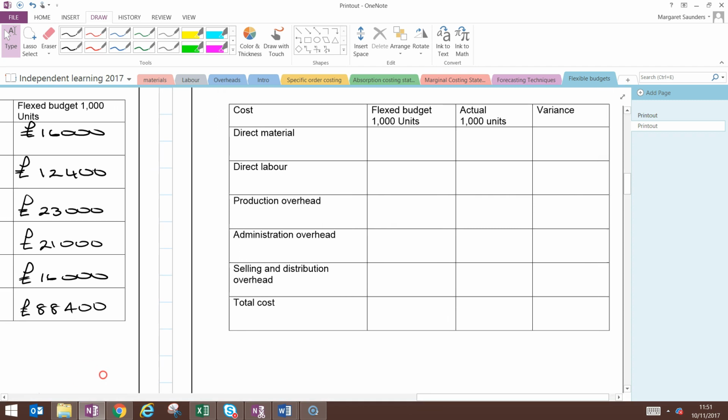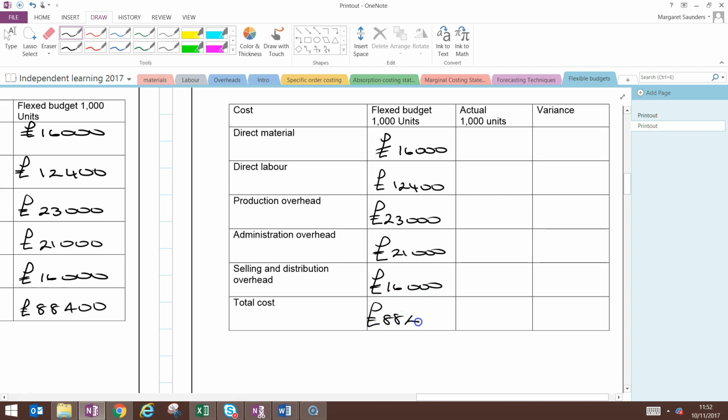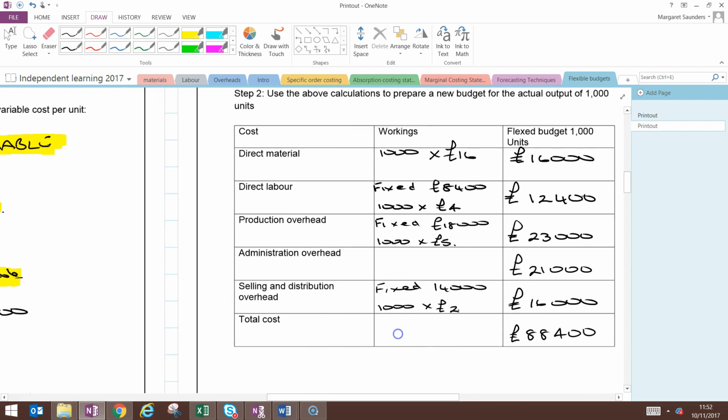So if I just transfer our calculations into this table, so our flexed budget, material, labour, production overhead, administration, and selling and distribution, totalling 88,400.